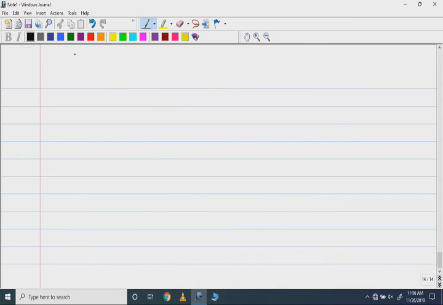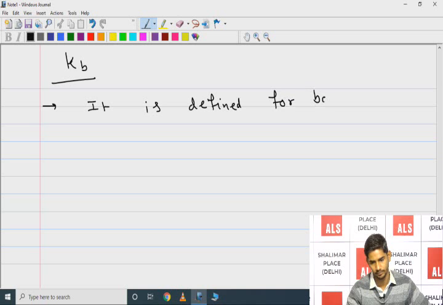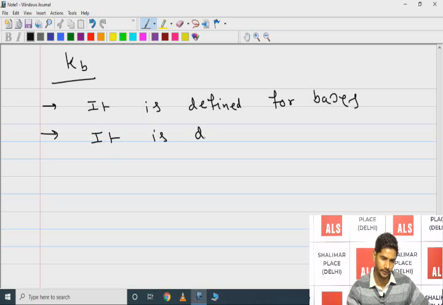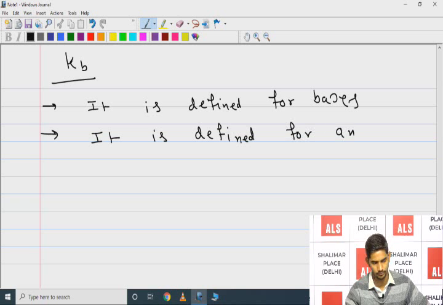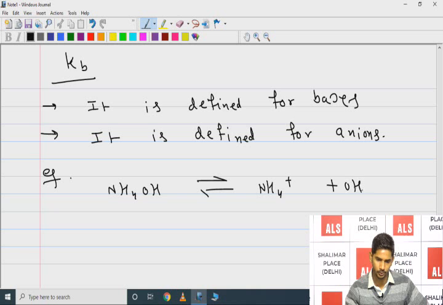Let's talk about Kb. It is defined for bases. Second, it is defined for anions. Let's take an example that ammonium hydroxide is giving you NH4 positive plus OH negative.